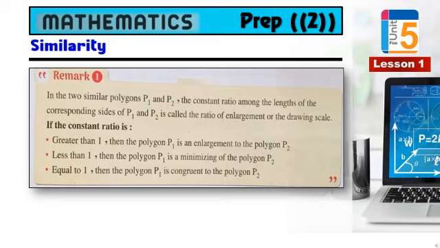It means that when we prove the second condition in similarity and we find the constant ratio is 2, 3, 4 and so on, any number greater than 1, then we deduce that the polygon P1 is an enlargement of the polygon P2. Number 2, if the constant ratio is less than 1, then the polygon P1 is a minimizing of the polygon P2. Number 3, equal to 1. It means if the constant ratio is equal to 1, then the polygon P1 is congruent to the polygon P2.